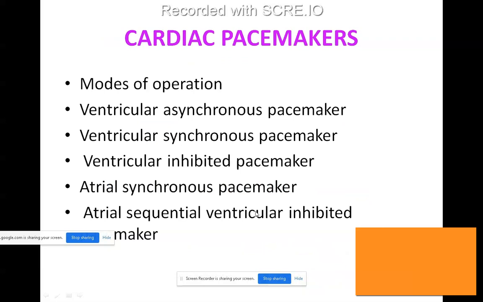So cardiac pacemakers have certain modes of operation. And then ventricular asynchronous pacemaker, ventricular inhibited pacemaker, atrial synchronous pacemaker, atrial sequential ventricular inhibited pacemaker.